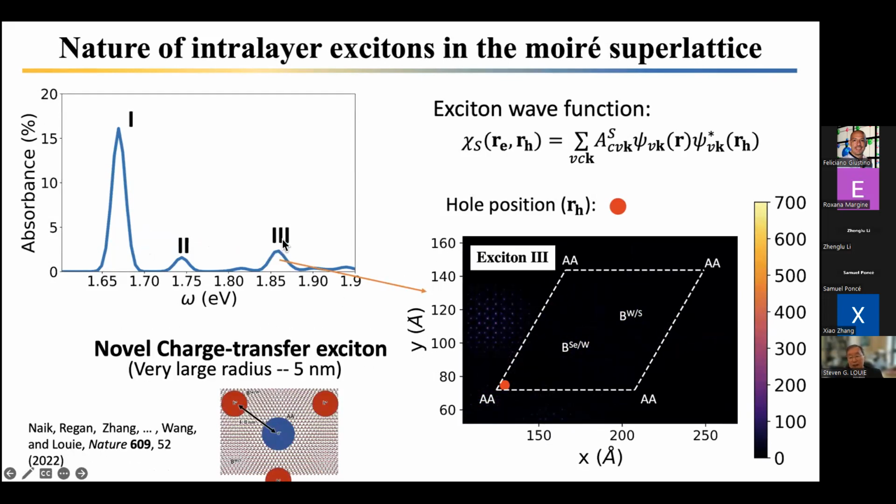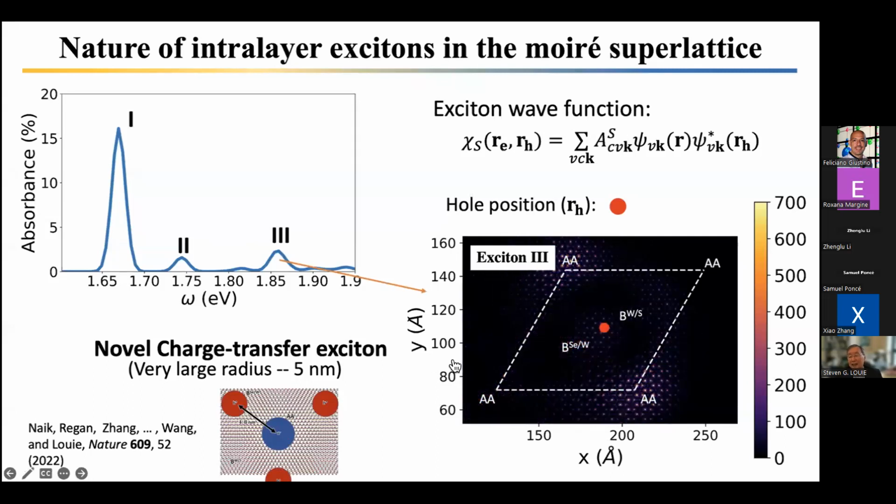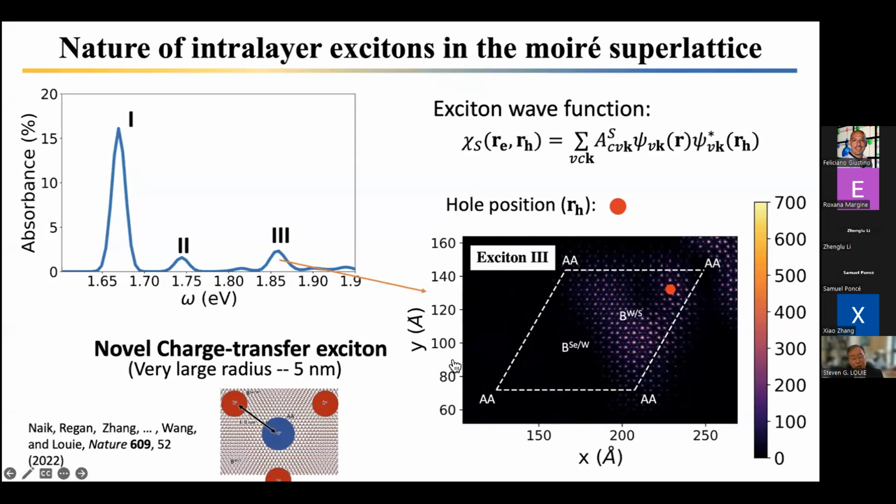However, for exciton 3, in fact, the exciton has a very, very different character, which cannot be described by a continuum model. It is of a novel charge transfer exciton character that does not exist for a monolayer.